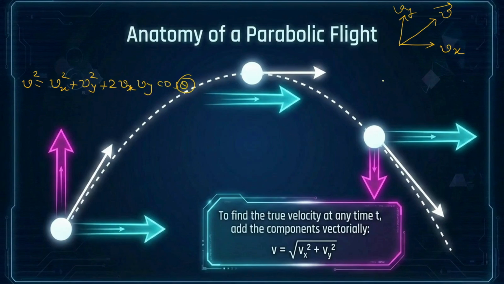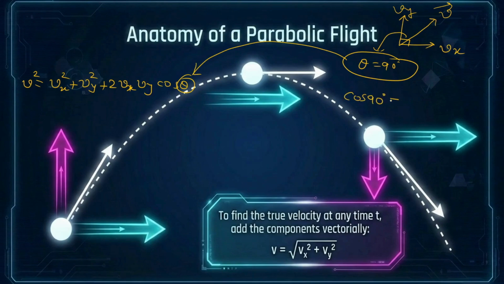So what is theta here? Theta is the angle between these two components. In this case, theta is equal to 90 degrees. So put this value over here, and cos theta means cos 90 degrees, which is 0. So this term will vanish and you will be left with vx square plus vy square.